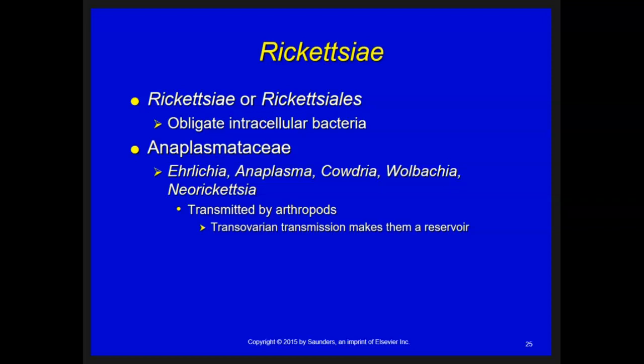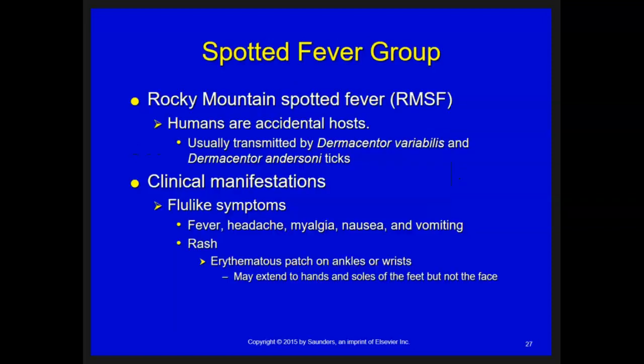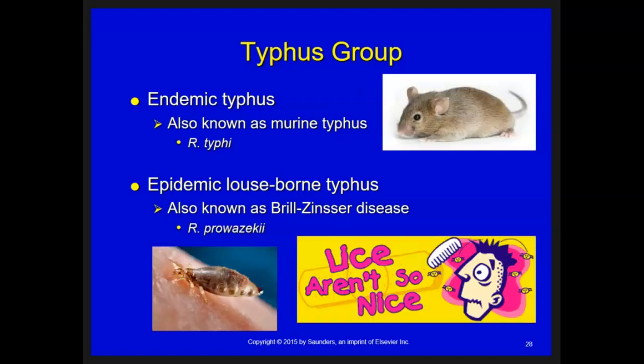Rickettsia causes Rocky Mountain spotted fever. And there are different types of spotted fevers. So Rocky Mountain spotted fever is one of those. Then there's the typhus group, which includes endemic typhus, also known as murine typhus.